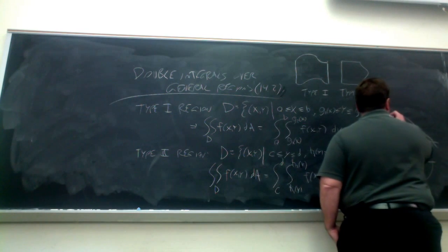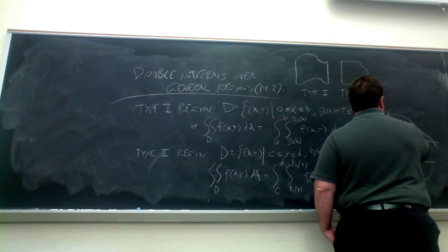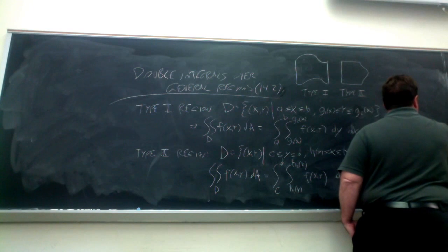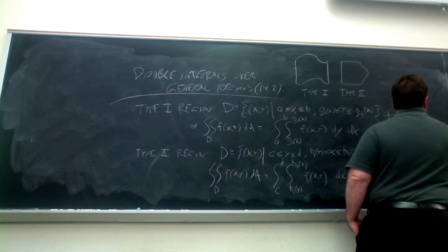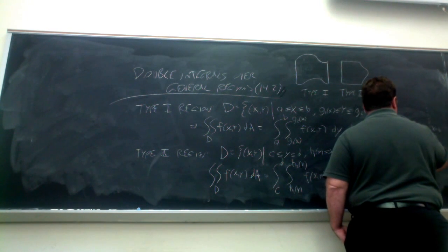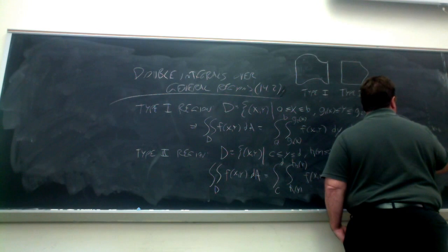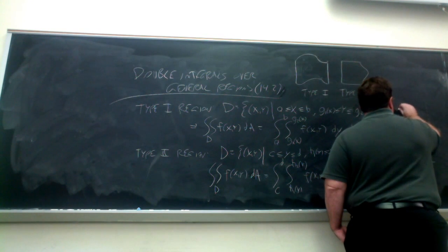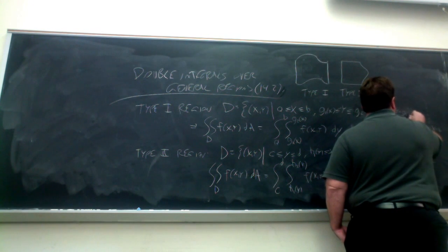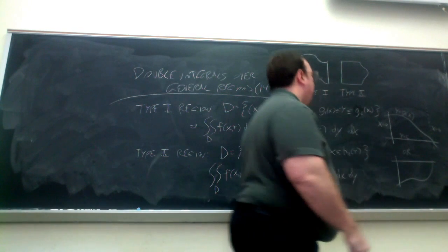So if I fill in some generic boundaries, this is x equals a, this line is x equals b. Here I'll make this y equals c, and then I have y equals g of x up top.